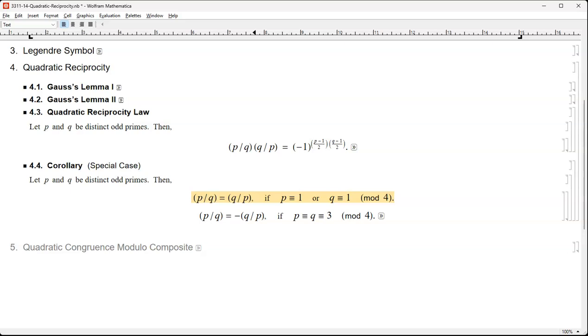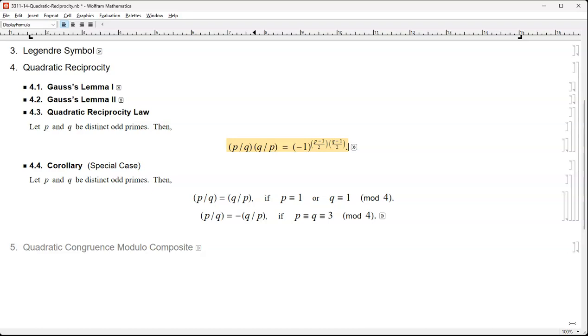And then in section 3, we proved there are infinitely many primes of the form 4k plus 1 as well. Furthermore, we have these relations associated with Legendre symbols. Strange, but interesting. And we're going to utilize this quadratic reciprocity law.